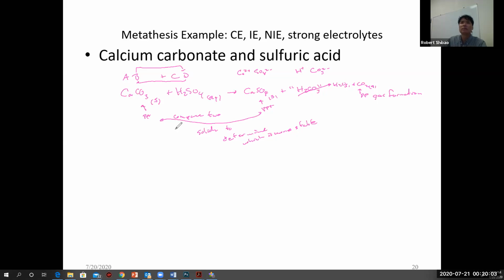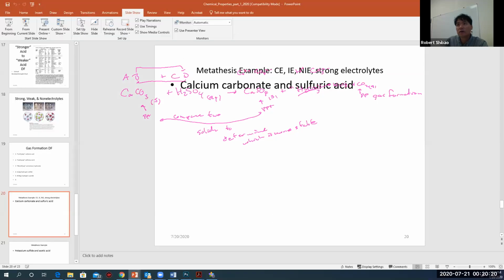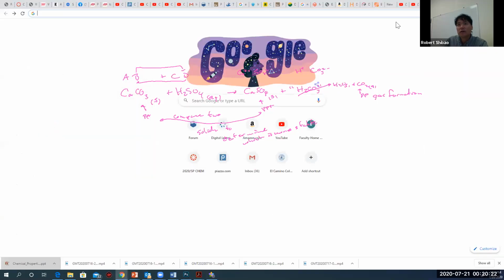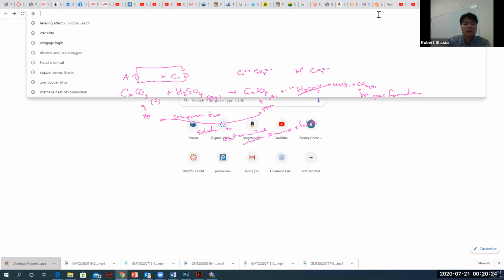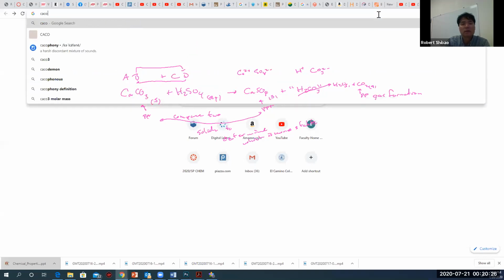That'll tell us which of these two solids is more stable. Both of them are insoluble, so we can't tell based on that. We did qualitative solubility, which is: is it soluble or insoluble? If we're going to do quantitative solubility, then let's compare calcium carbonate.